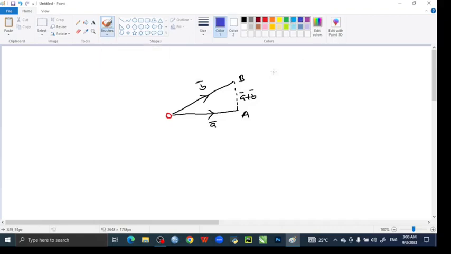Suppose you are given a vector P equals 2a plus 3b, and you are asked to find 3P. What you have to do is 3 into bracket 2a vector plus 3b vector. That will be 6a plus 9b. I think that should be simple enough.